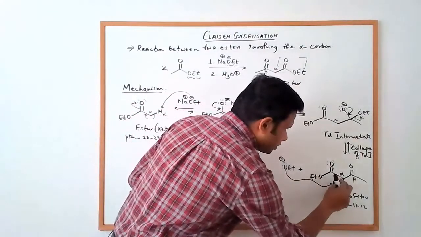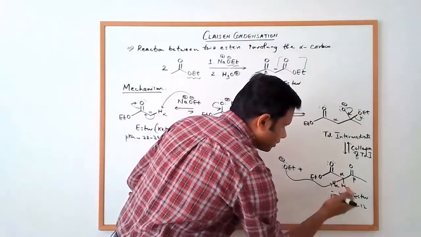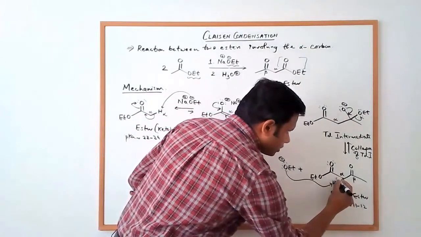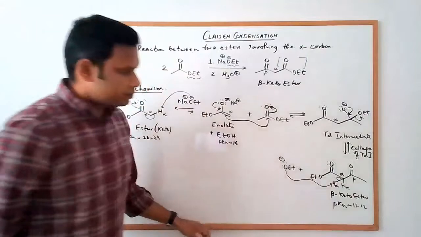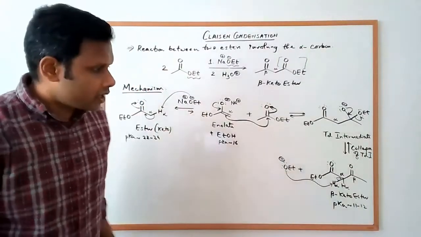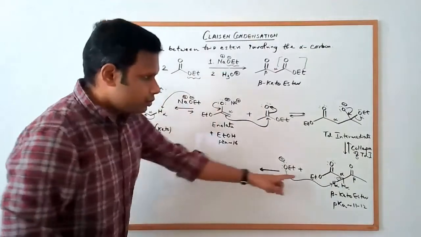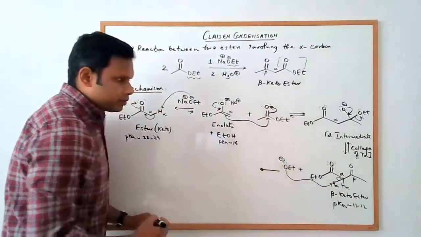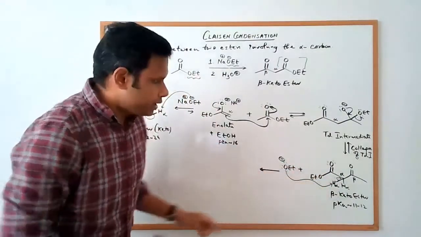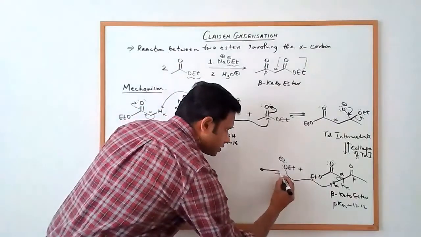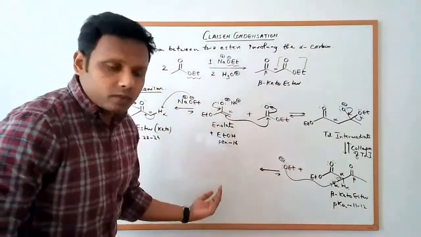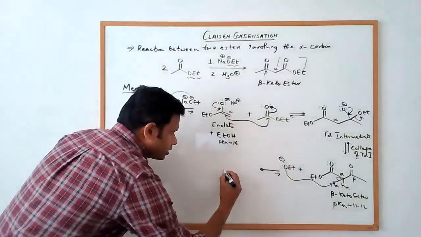So let me draw the arrow push here. So these electrons, as the alpha hydrogen is deprotonated, go to that alpha carbon. And because of the huge pKa difference here, this reaction is favored in the forward direction.